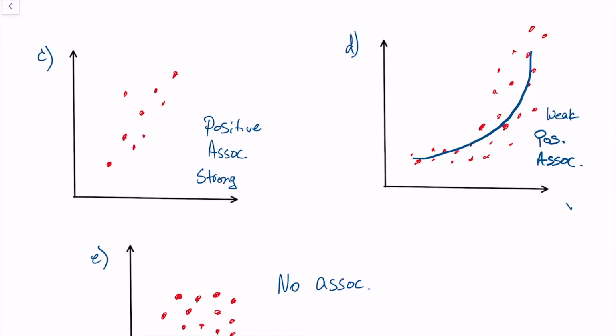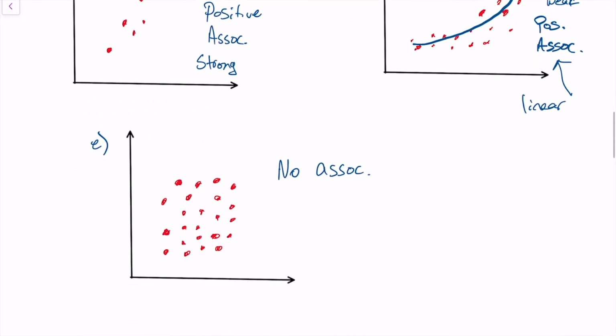Keep in mind, when we talk about association in this class, we're talking about linear. So there is a really strong exponential type of relationship there, right? But there's not a really strong linear relationship there. So there's some, but it's not that strong because of that curve, right? So linear means straight line. All right, and then E, there's no association, so there's no need for us to talk about whether it's weak or strong.